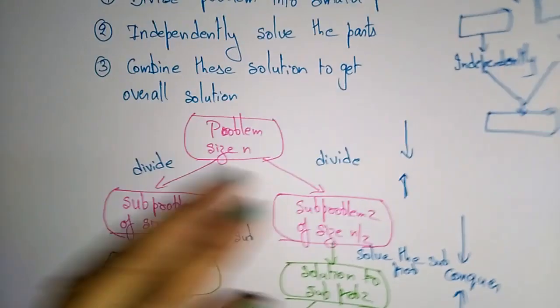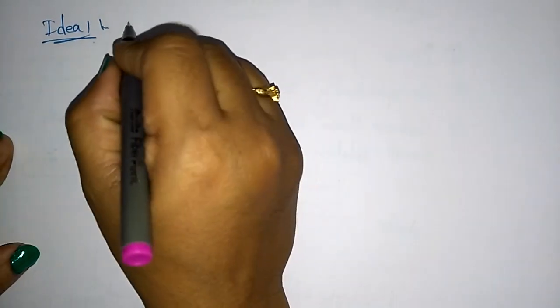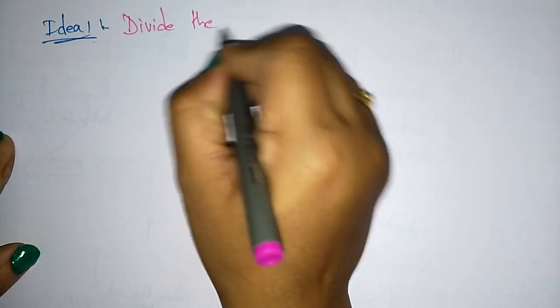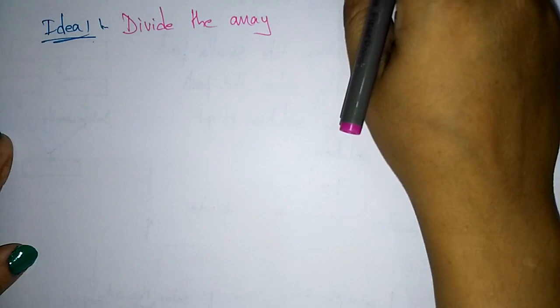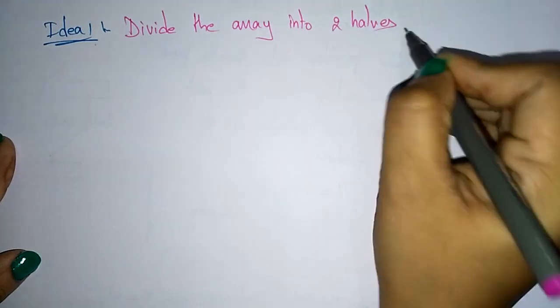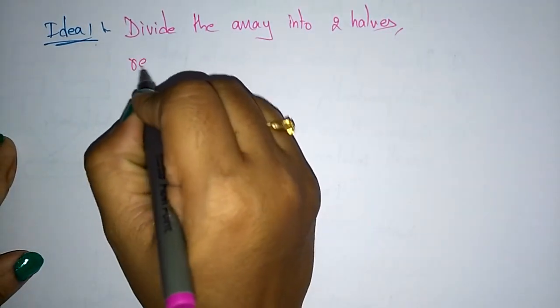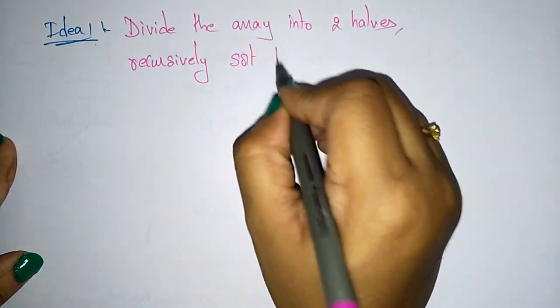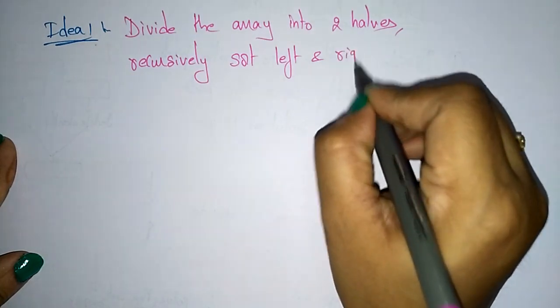Let me tell you some ideas to solve divide and conquer problems. The first, idea 1. In idea 1, we divide the array, whatever problem you have taken, into two halves. After that, recursively sort the left and right halves.